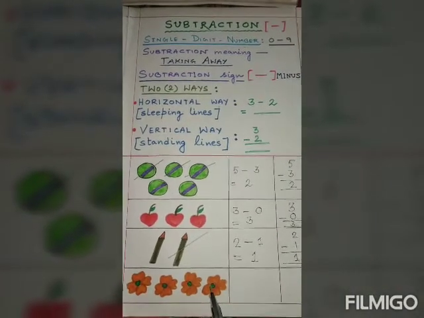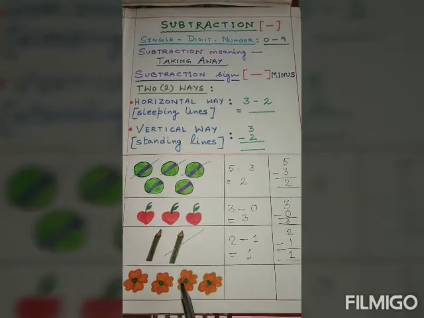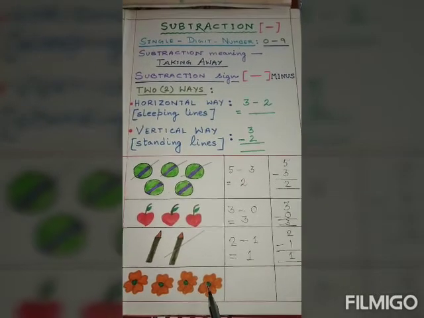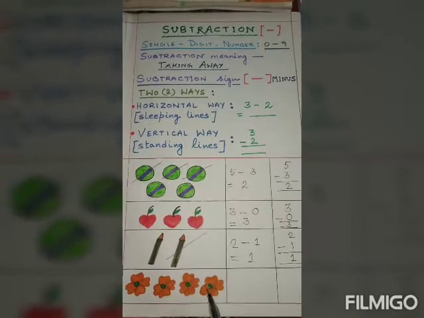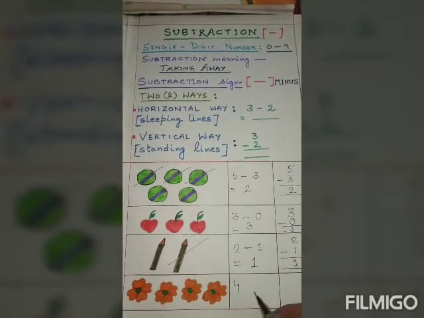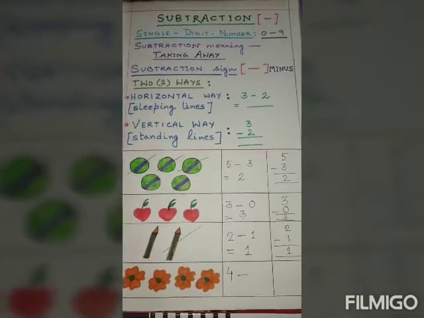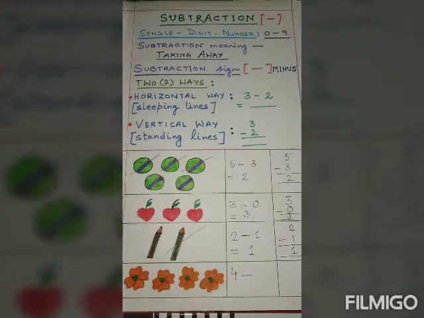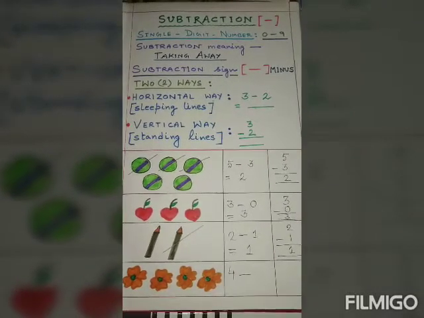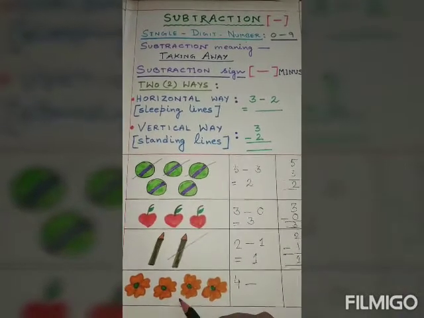And the last example. What is this? These are flowers. 1, 2, 3, 4. How many flowers are here? Here are 4 flowers. So first of all, we will write the number 4 and give the minus sign. Now, from these 4 flowers, how many flowers am I going to take? I am going to take 2 flowers.